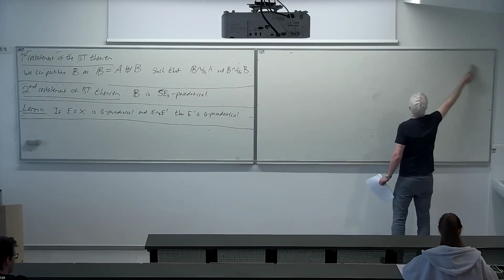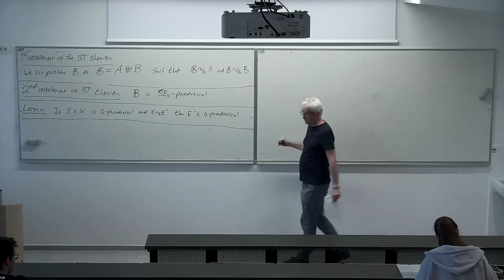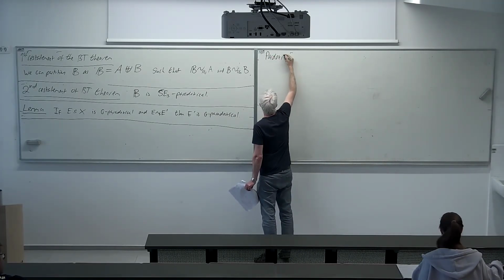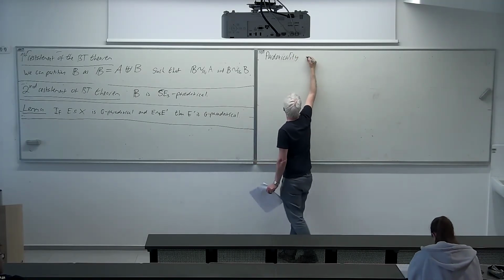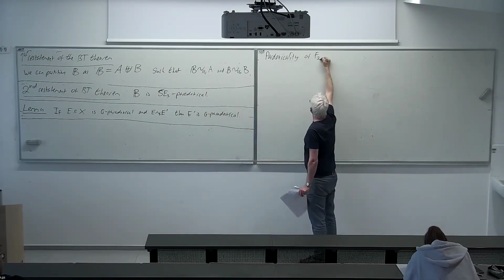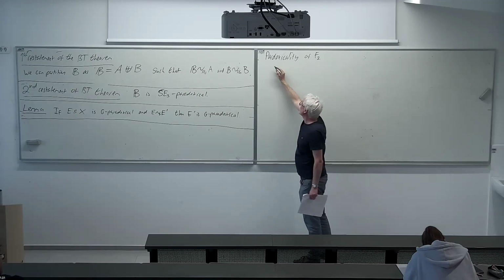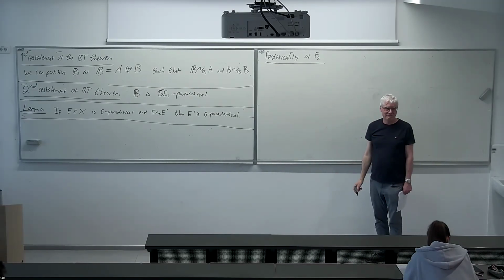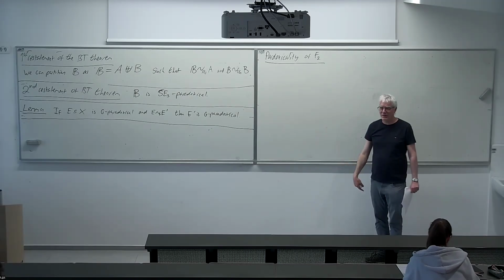The next step is the paradoxicality, the property of being paradoxical, of F2, which is the free group on two generators. So hands up if, by hearing free group on two generators, you know what that means. I meant what the free group is in the category theory class. Oh, I see.